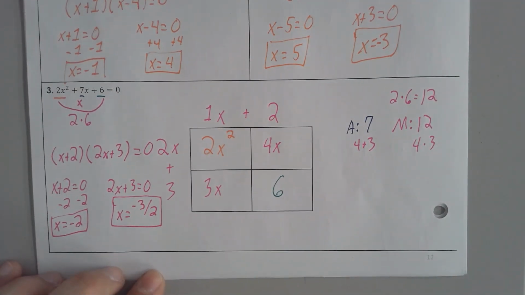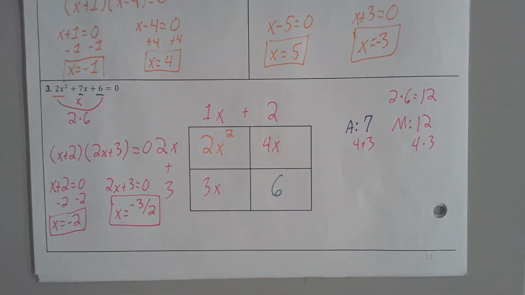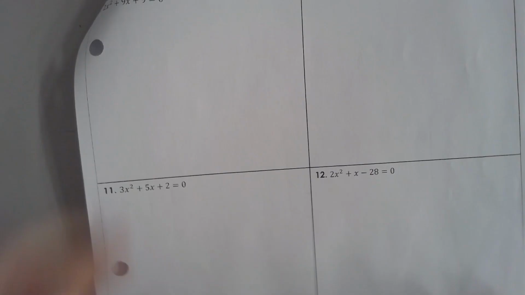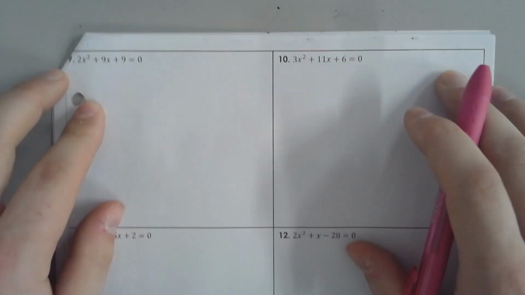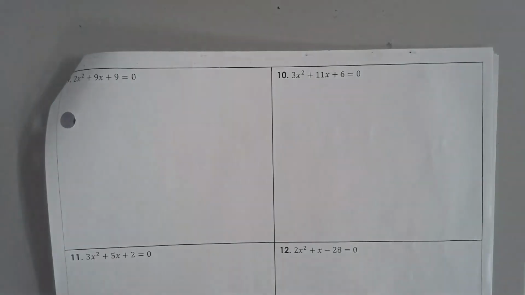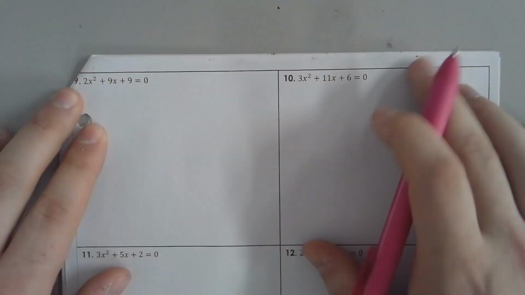So once you solve for x, you should get x equals -2 and x equals -3 halves. Alright, moving on to the back page. Do a couple more with you and then turn you loose.